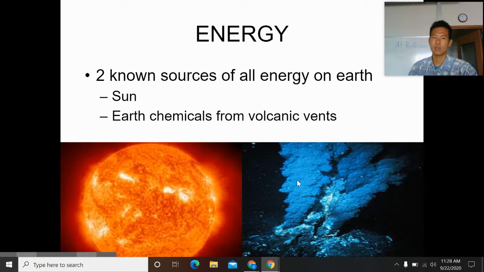These are relatively new ecosystems discovered in the 60s or 70s. Because it's so hard to study them, going down to the bottom of the ocean takes tens of thousands of dollars, so not much study has been done on these ecosystems. Today's lesson will focus on the source of energy coming from the sun.